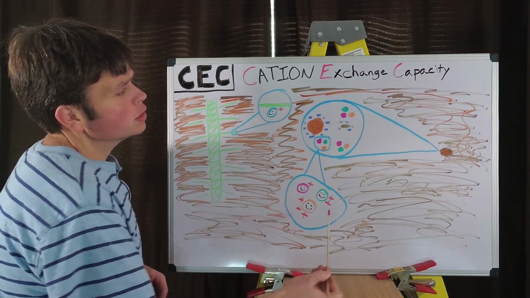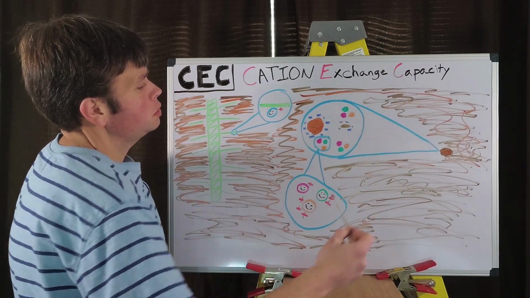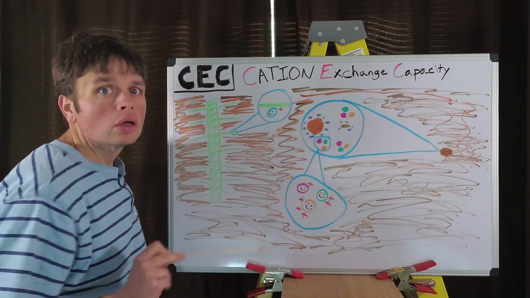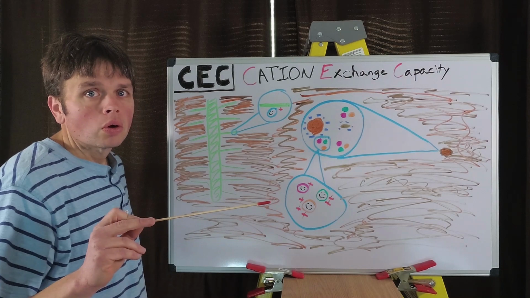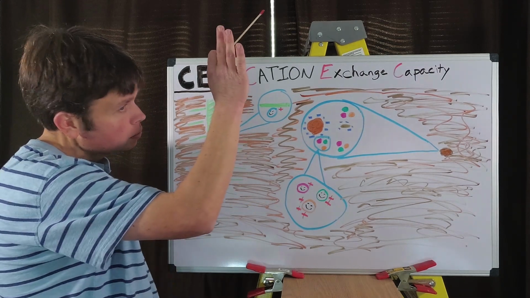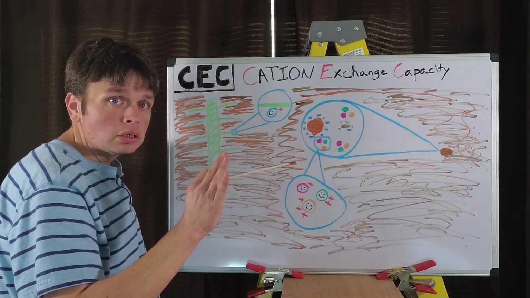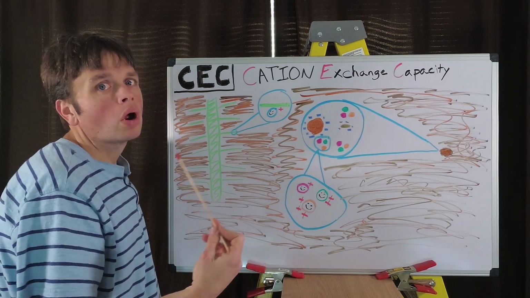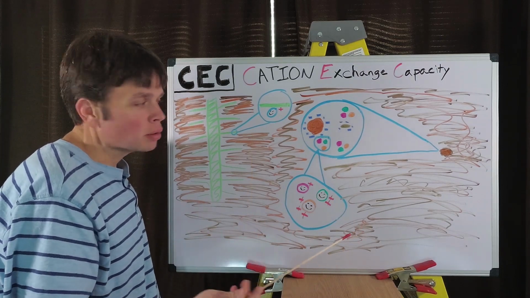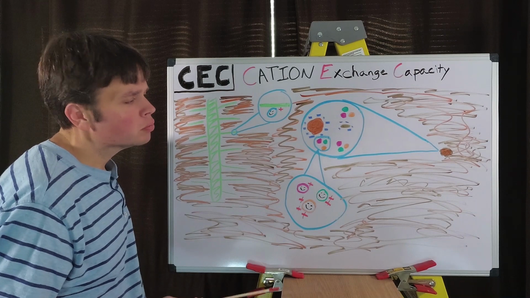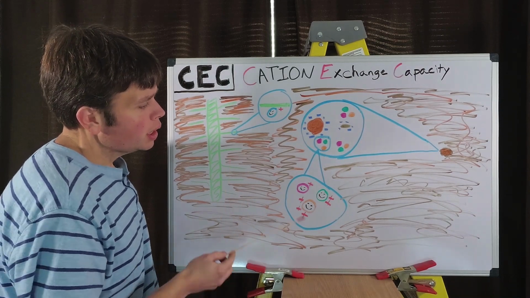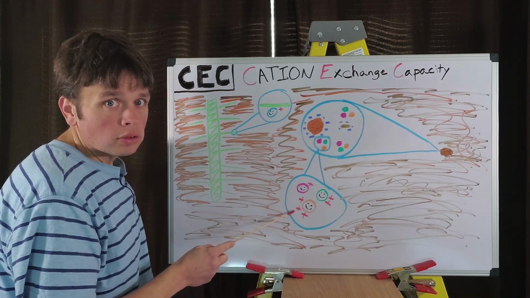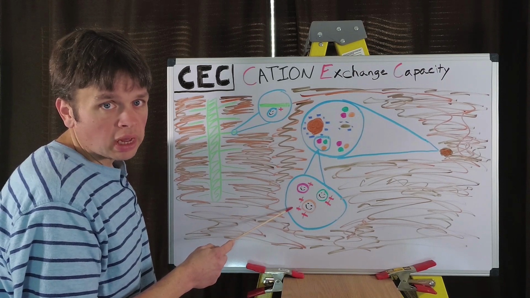So this is floating around in your soil, rather from us fertilizing or adding soil amendments, or just through organic matter. But they're in there. And like I said, they're positive little guys.